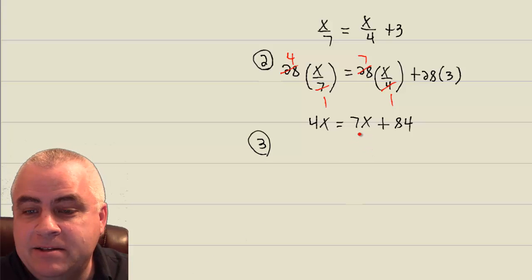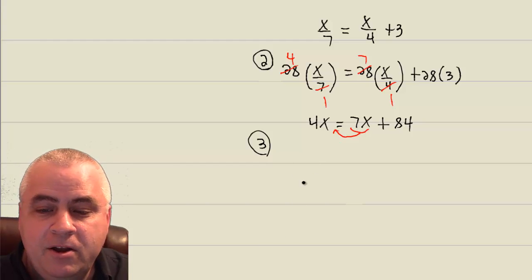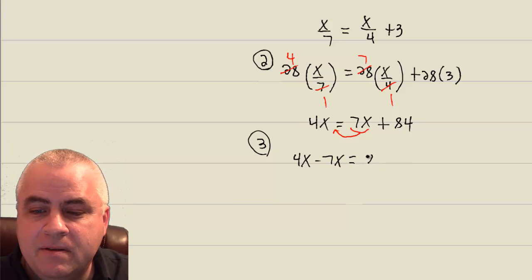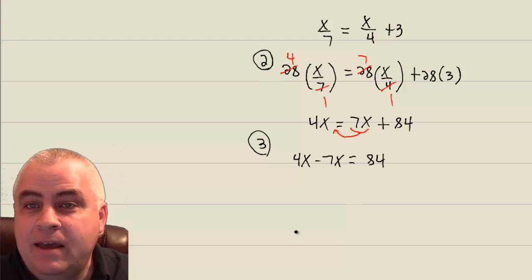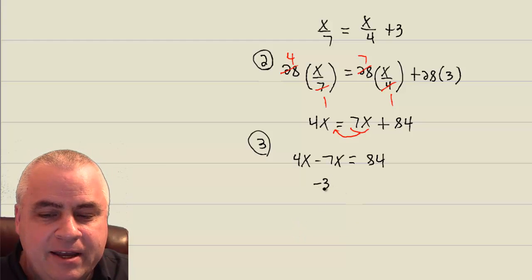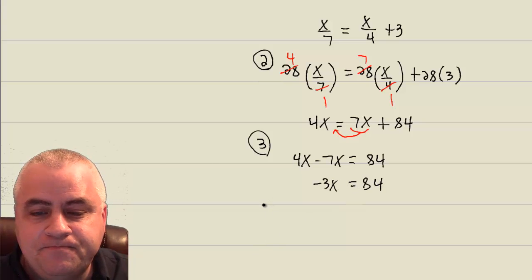Step 3. Get everything with an x on one side, numbers on the other. So I take 7x and move it over. Remember, when you move anything across the equals, your sign changes, so my positive 7x becomes a negative 7x. At any step, combine together like terms. 4x minus 7x is negative 3x. 84 carries down.